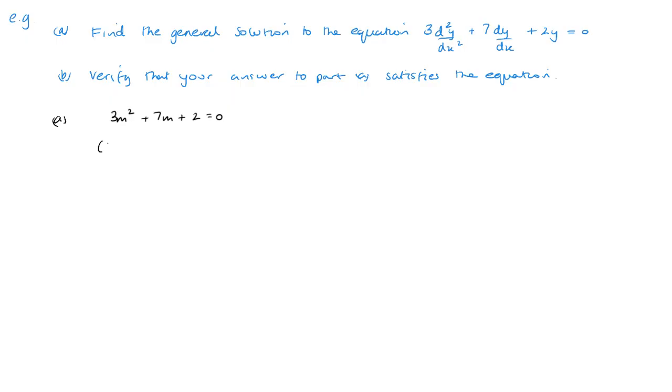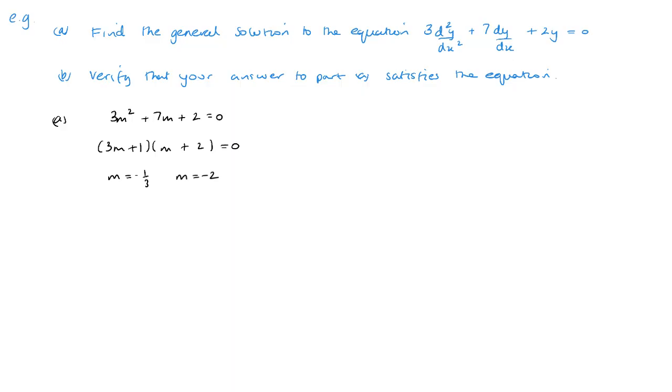Let's see if this one factorizes. 3m and m, with 2 and 1: 3m squared, 6m, 1m, 7m. Yes, that works. So that produces m equals minus a third and m equals minus 2.